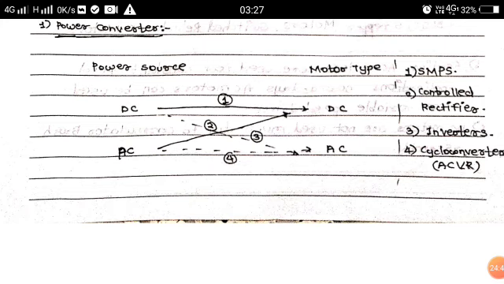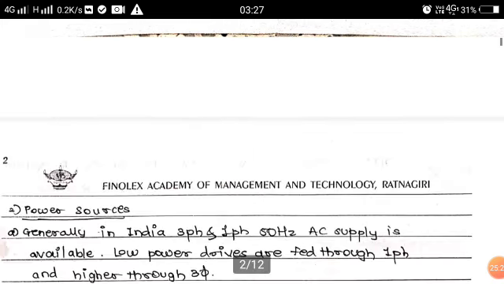And then AC to AC: sometimes even the supply is AC, but the supply is of fixed frequency and fixed voltage, and the motor could be run with some variable voltage, variable frequency. In that case the number of cycles per second, meaning frequency, or the voltage level can be changed. So in that case, some cycloconverter or matrix converter, which is a new type of AC to AC converter, can be used. So this is what the power converter does.